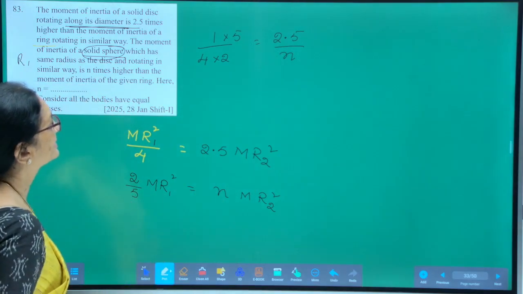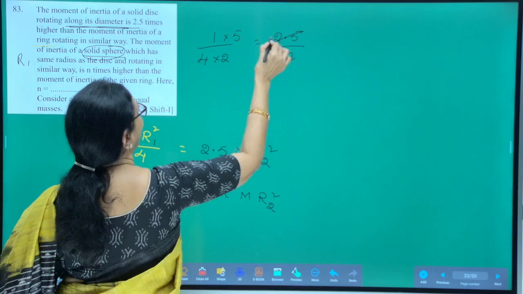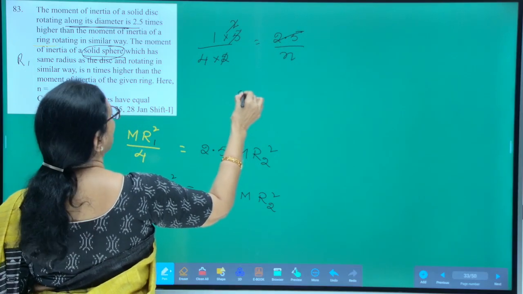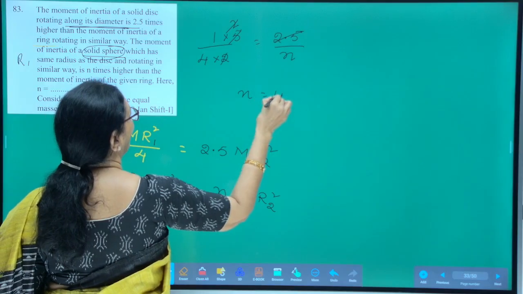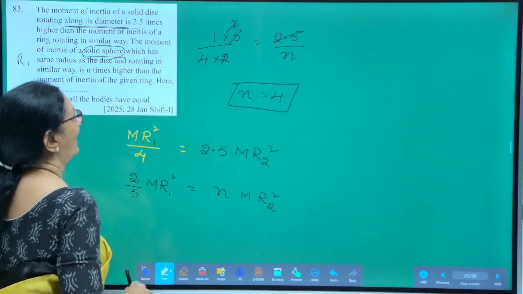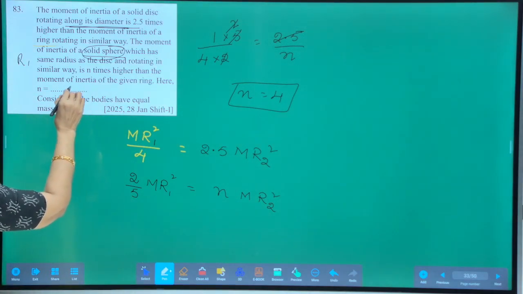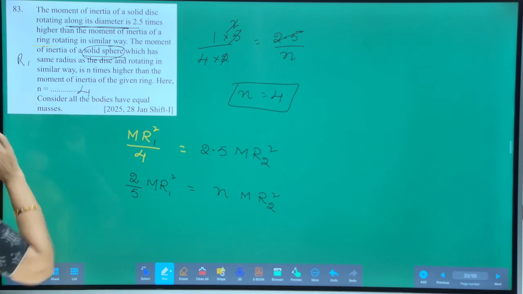So, here this 2.5 gets cancelled, 2 and 2 get cancelled. So, n is equal to 4 here. That is the answer. So, n is equal to 4. Okay? That is the correct answer for this.